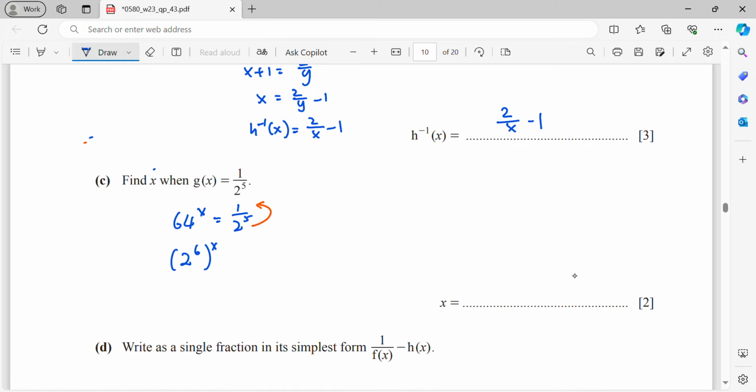But once you move it up, you should get a negative degree, so times a negative to the existing degree. And now I will get 2 to the power 6x equals 2 to the power minus 5. Then now you have the same base. Therefore, just compare the degrees. That means your x will be negative 5 over 6.